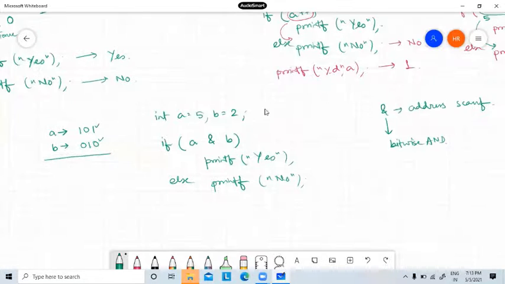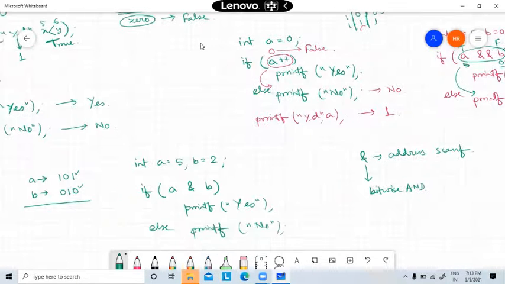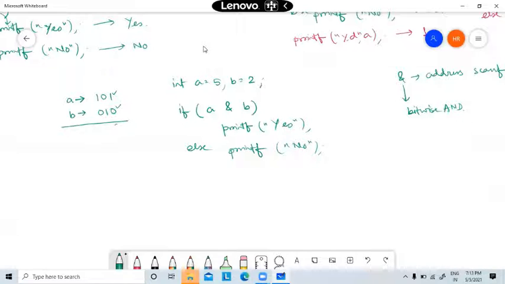If you remember the logical AND operation, if any of the inputs is 0, then the output is 0. So the output for this one is 0, and likewise for the others. So the total output of the bitwise AND operation is 0, and 0 means false. False means it will move into this part, so it will give you output no.